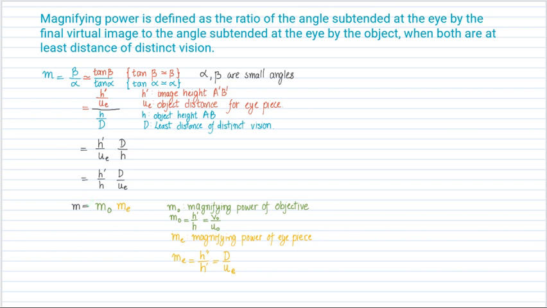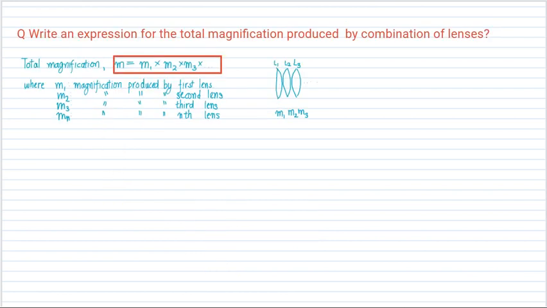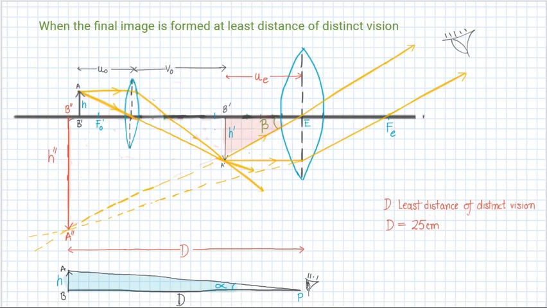Fine. Now, if you remember the combination of lenses, okay, let's go back to your combination of lenses. In your lesson number 16 we have discussed that if there is more than one lens, then the total magnification will be the product of the magnification produced by lens 1 and the magnification produced by lens 2. We can verify the same concept in your compound microscope.